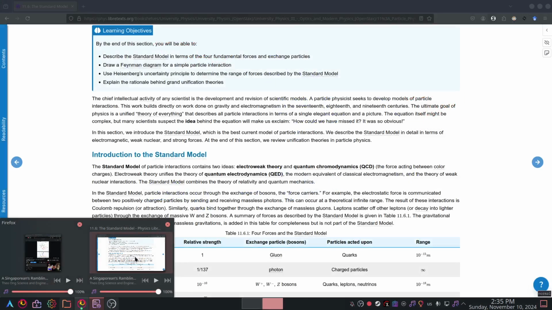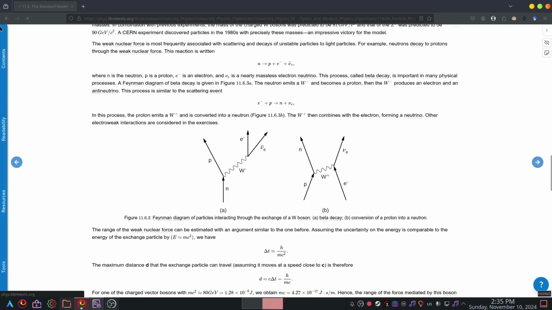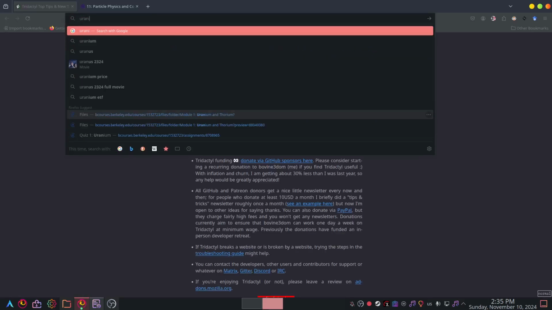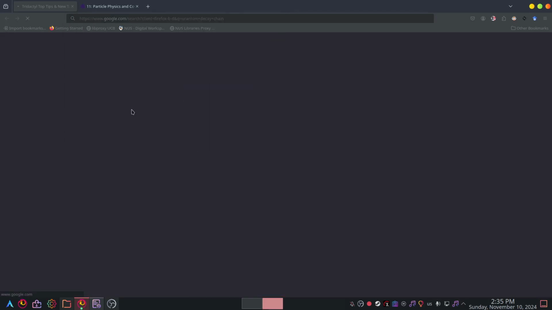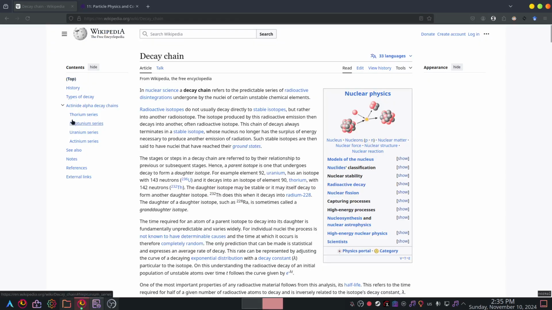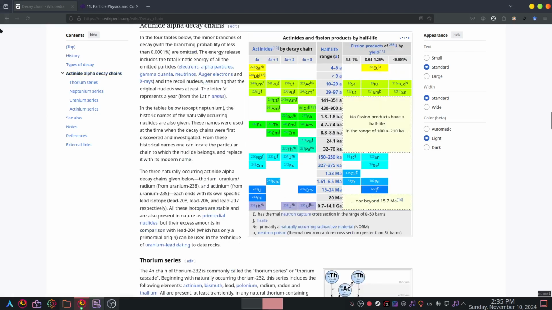When you look online, you can search for this thing called the uranium decay chain, and you can just look at what uranium decays into.